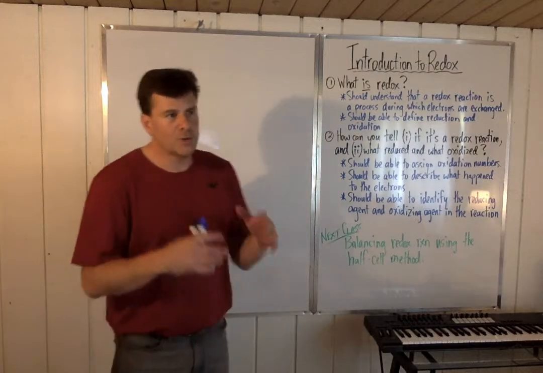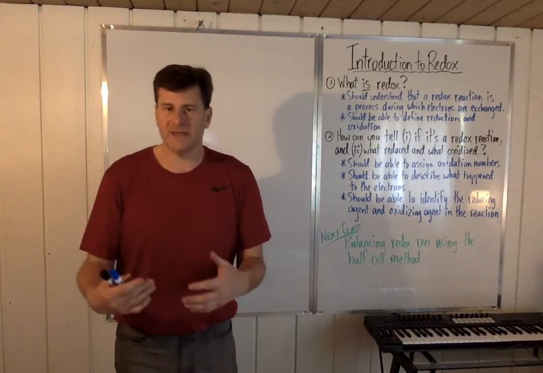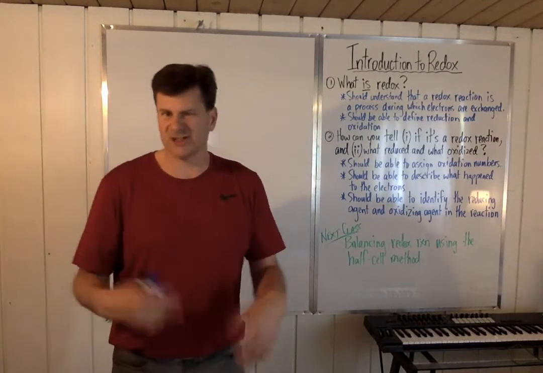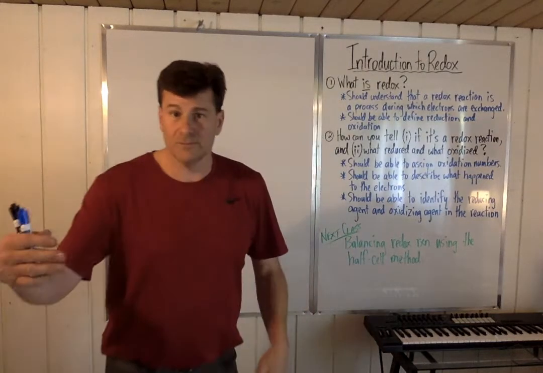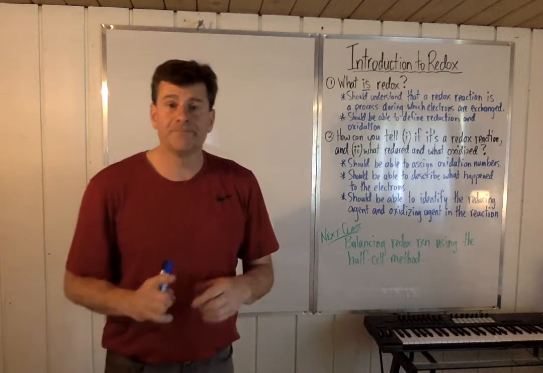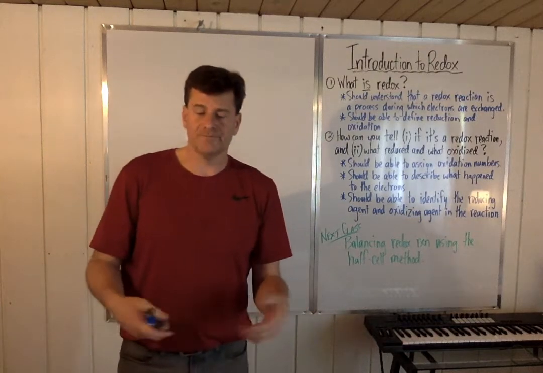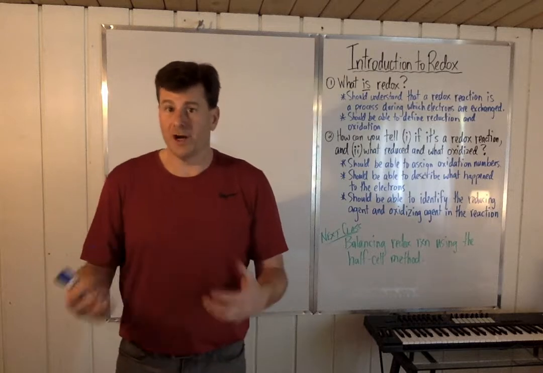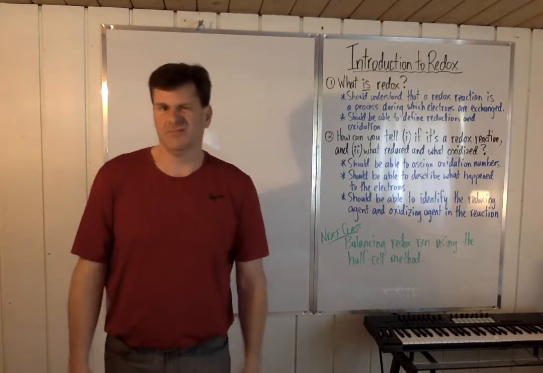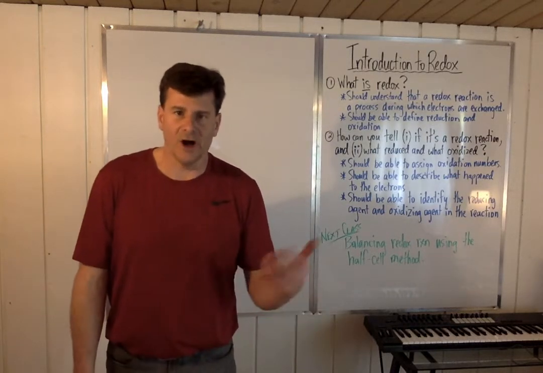So one of the first questions you have to be able to answer, there's actually two questions. So how can you tell, two questions. One, if a redox reaction occurred. And then two, what reduced and what oxidized. Now you might say, well, I think it's kind of obvious sometimes.